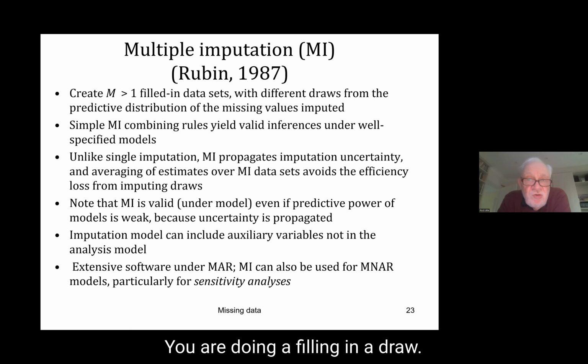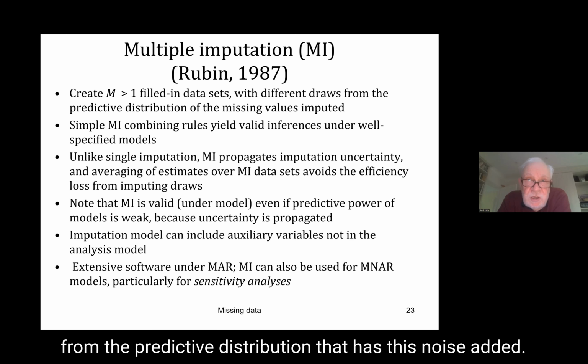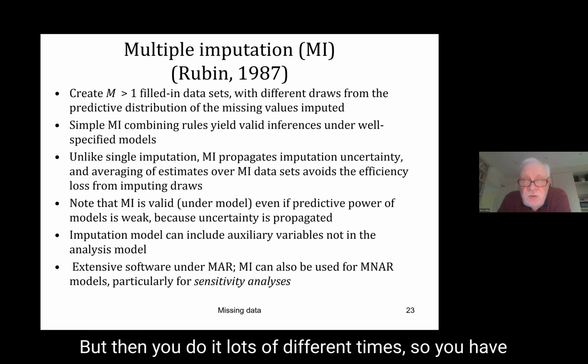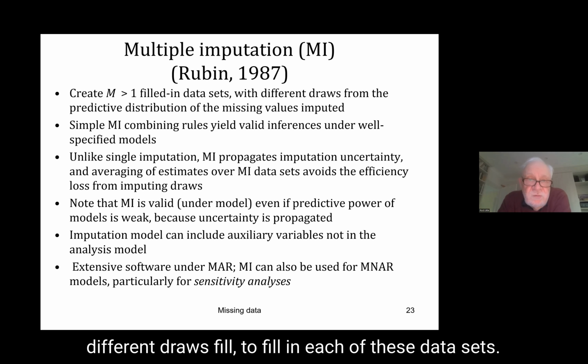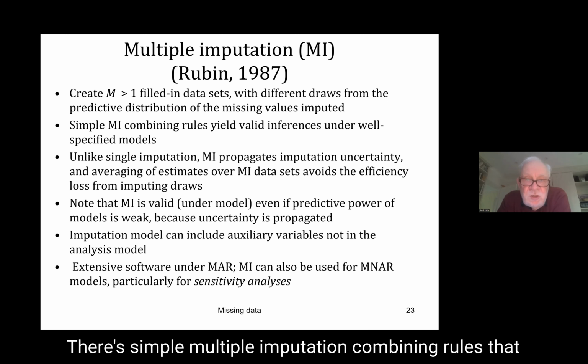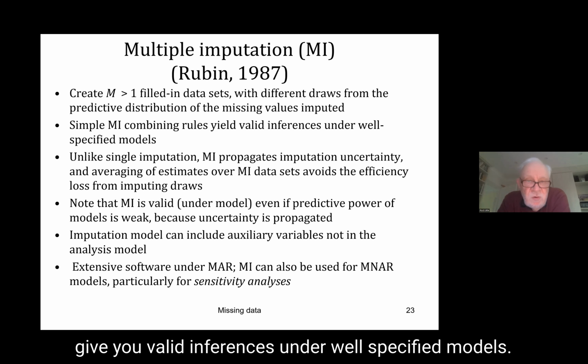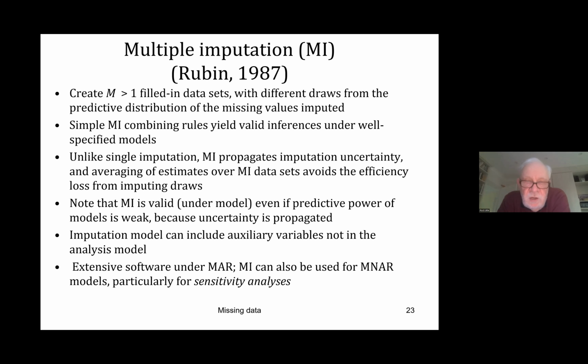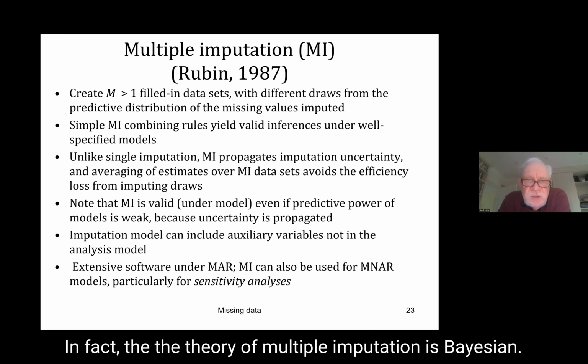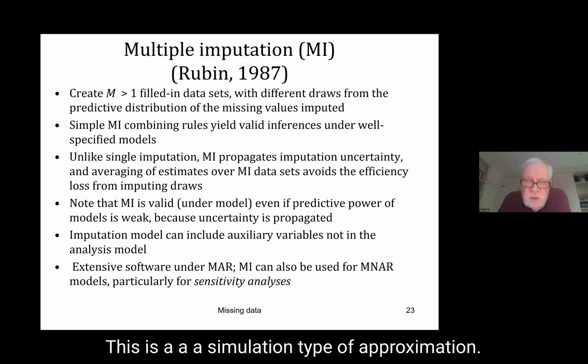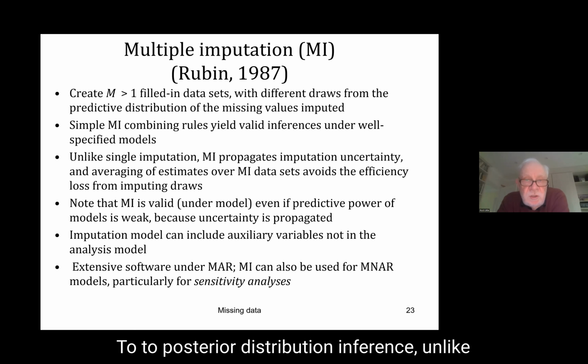You're filling in a draw from the predictive distribution that has this noise added. But then you do it lots of different times. So you have different draws to fill in each of these data sets. There are simple multiple imputation combining rules that give you valid inferences under well-specified models. In fact, the theory of multiple imputation is kind of Bayesian. This is a simulation type approximation to posterior distribution inference.